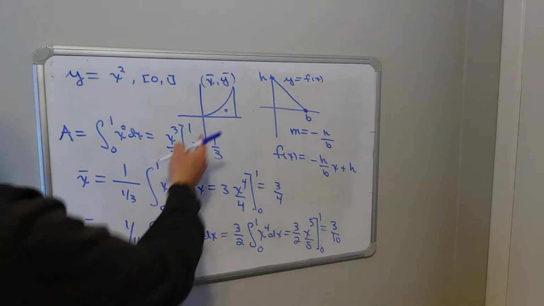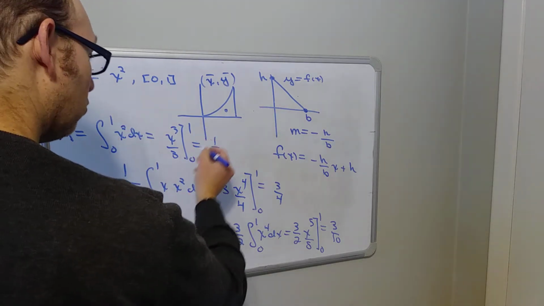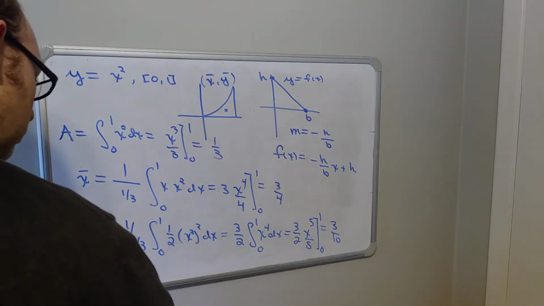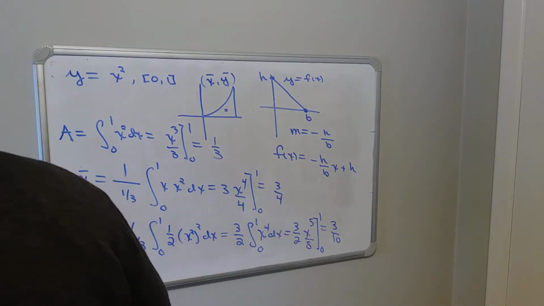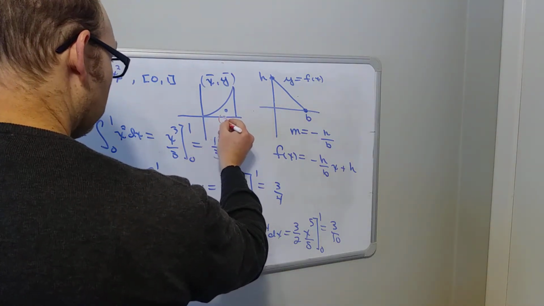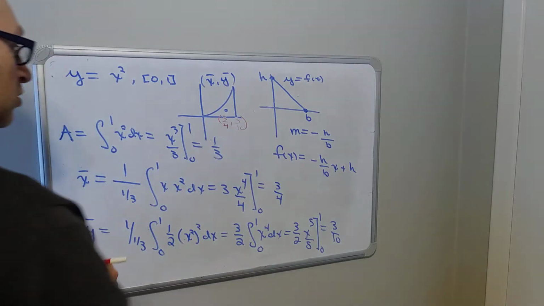Okay, so the centroid is located at the point 3/4, 3/10. So 3/4 is the x, 3/10 is the y.